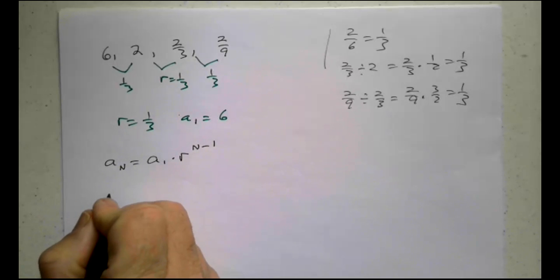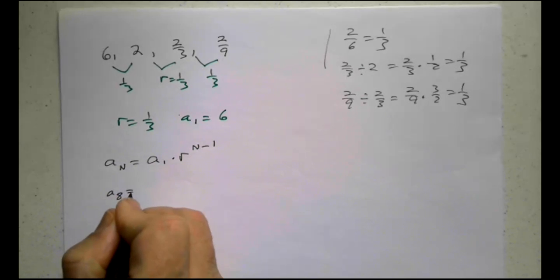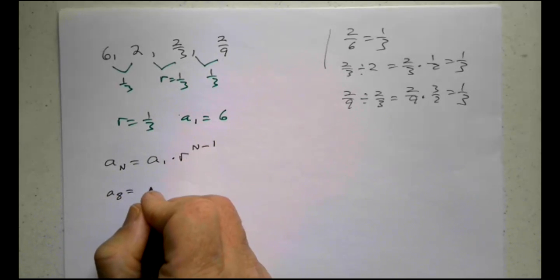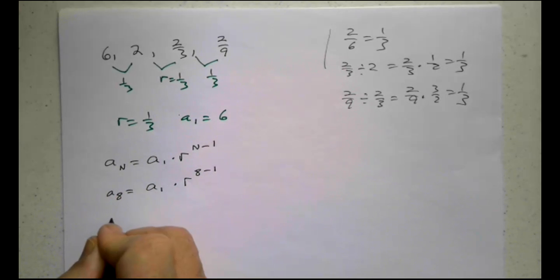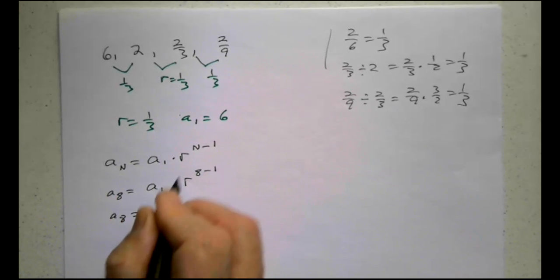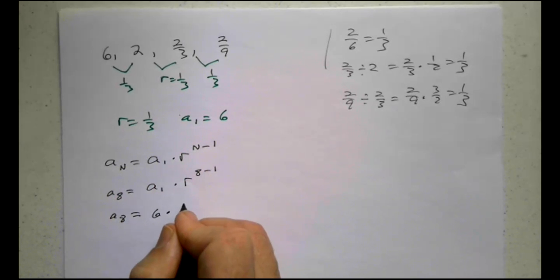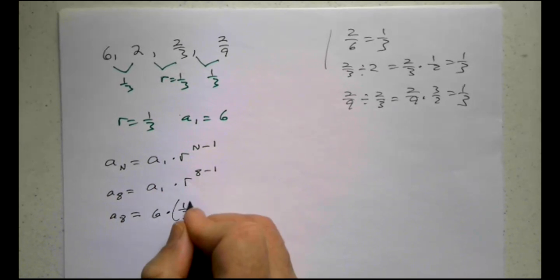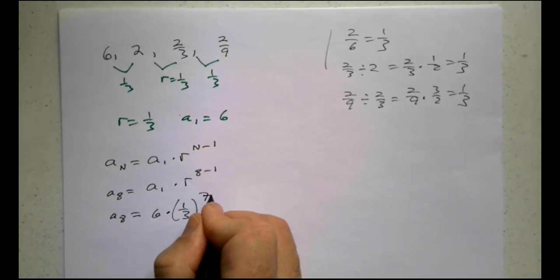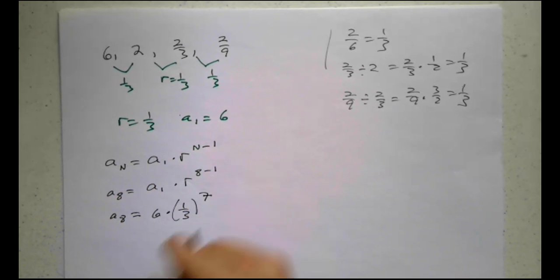So I need a sub 8, which would be a sub 1 times r to the 8 minus 1. A sub 1 is 6, r is 1/3, 8 minus 1 is the 7th power. So what's that going to give me? 6 times 1/3 to the 7th.